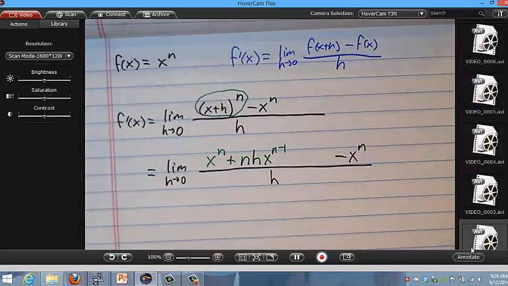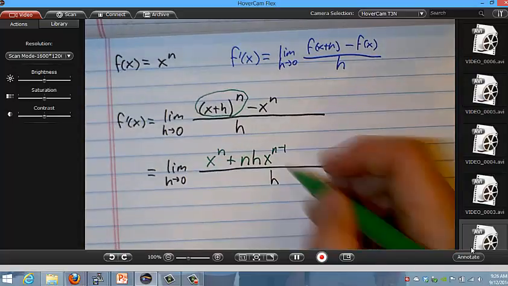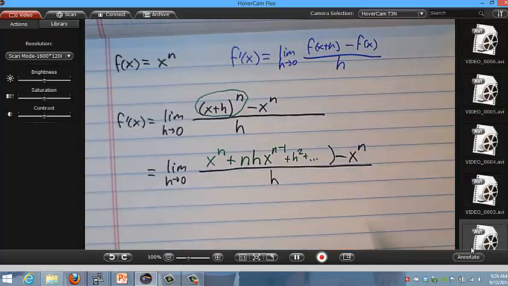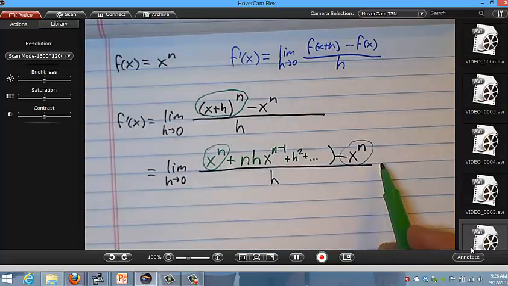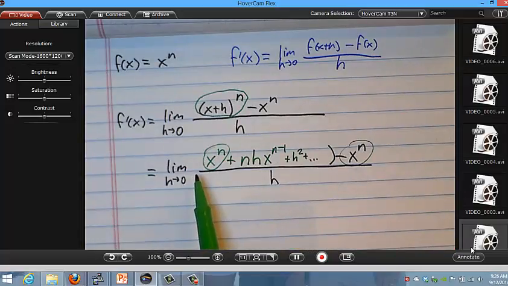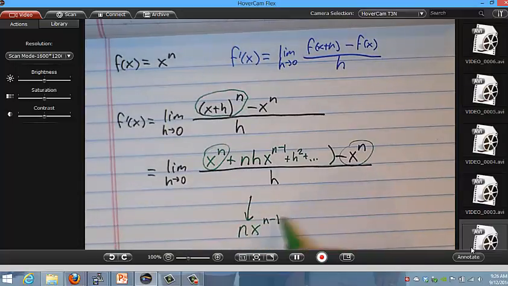And you could check that that's true. That's where the 4x cubed came from. And the other stuff has h squared, etc. in it. And what happens is these go away, and then you pull out an h. The only stuff that doesn't have h in it after you cancel is this.